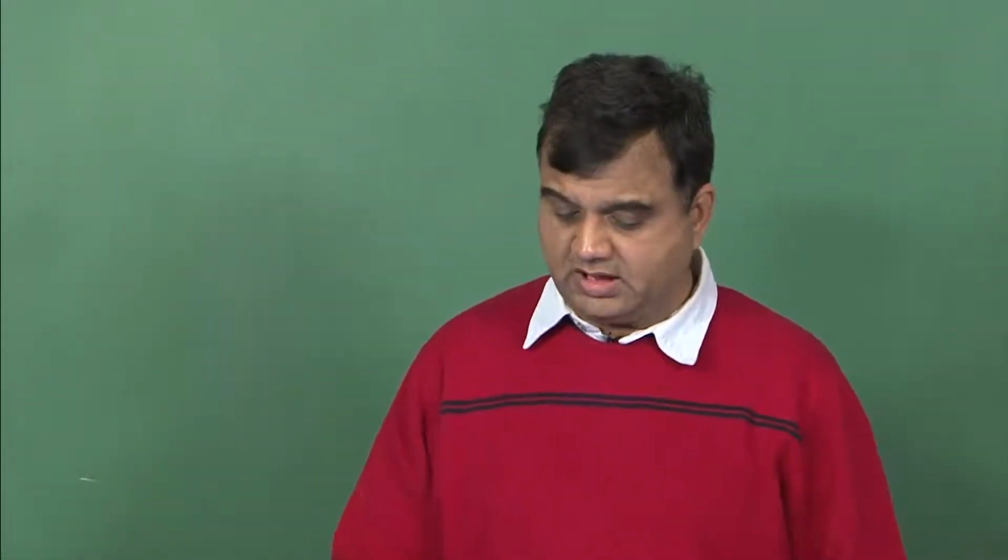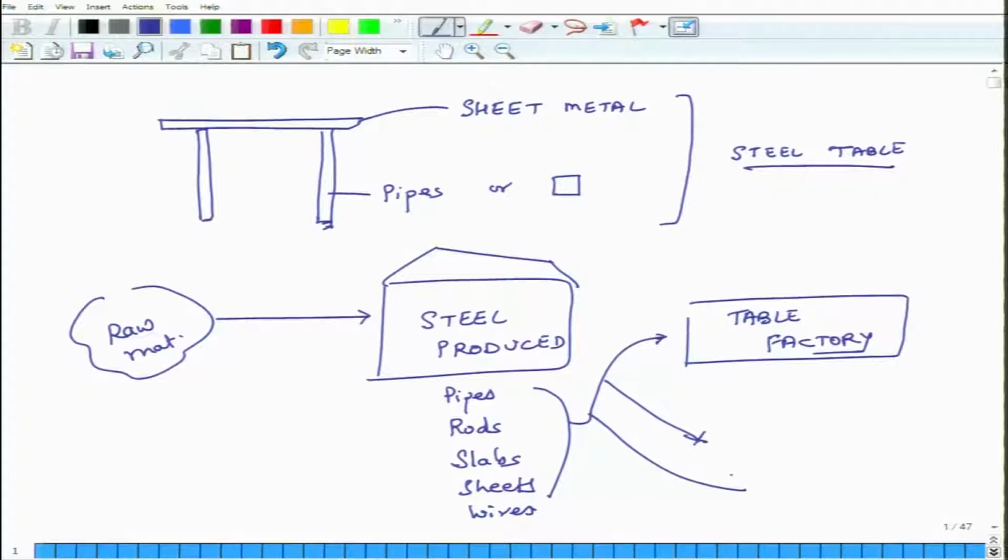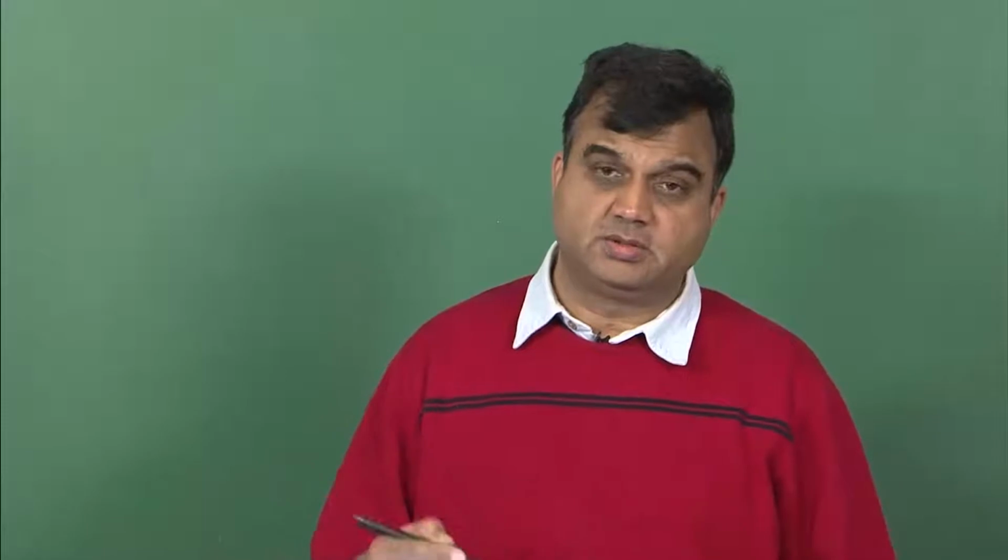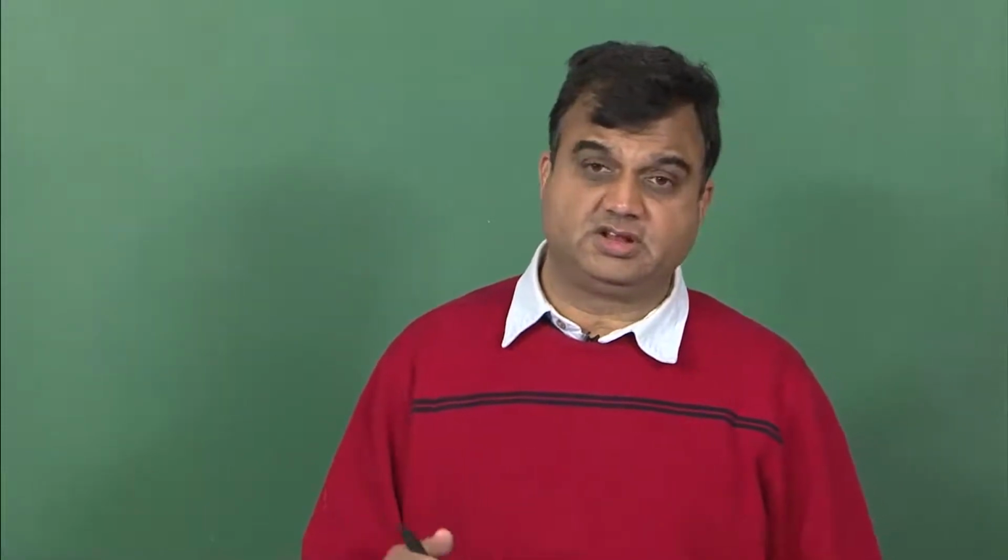So, you will have thousands and lakhs of different factories where individual components are produced. So, the point I am trying to make is that the material itself is produced at one stage and the end product is produced in the second stage or in subsequent stages. This is how traditional products made from traditional materials are fabricated.